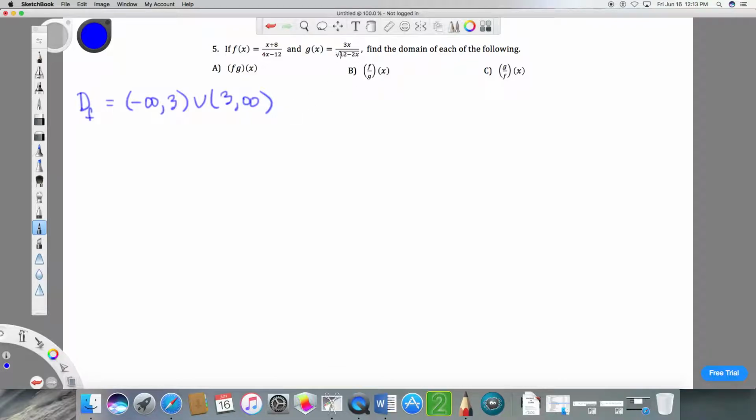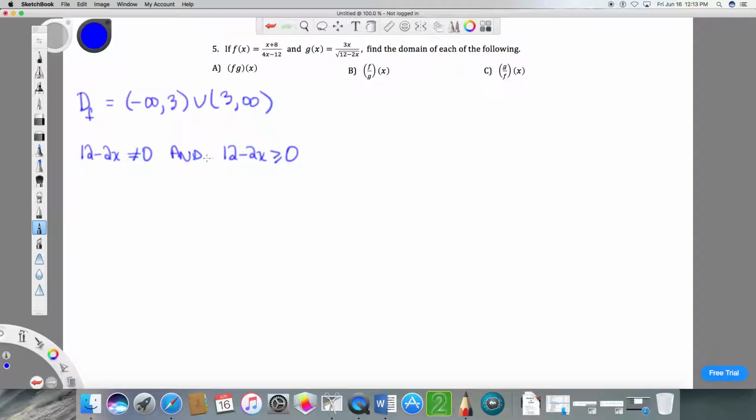We've got a radical in the denominator, and so we need this 12 minus 2x to not equal 0, and at the same time, we need 12 minus 2x to be greater than or equal to 0 to take the square root. For those to both happen, I can work with one inequality.